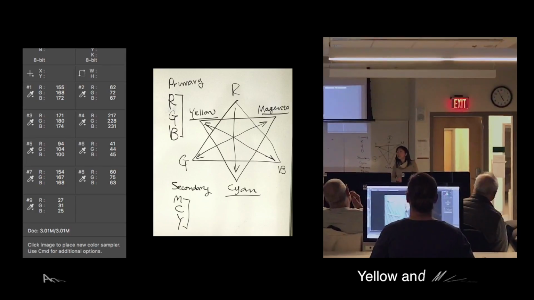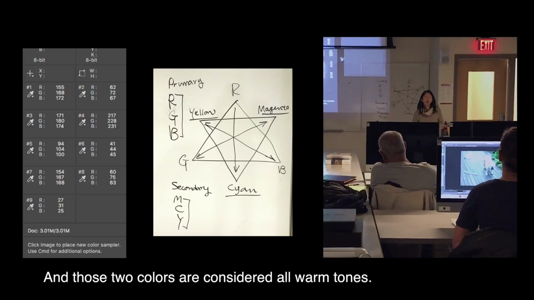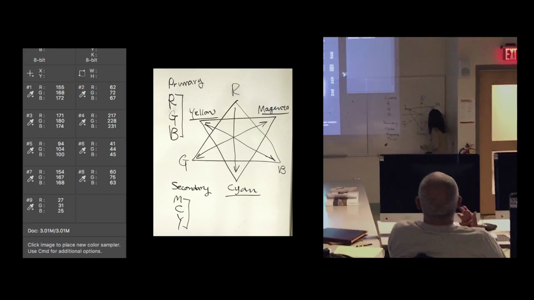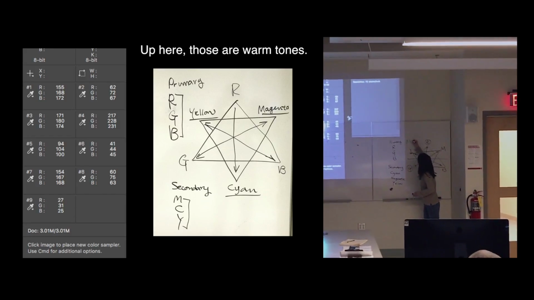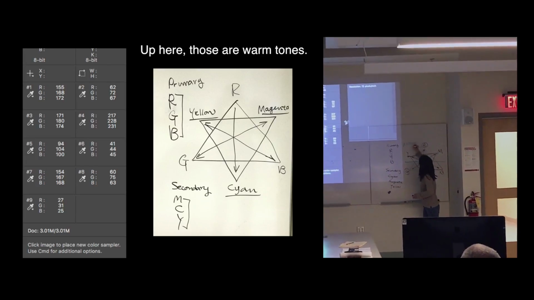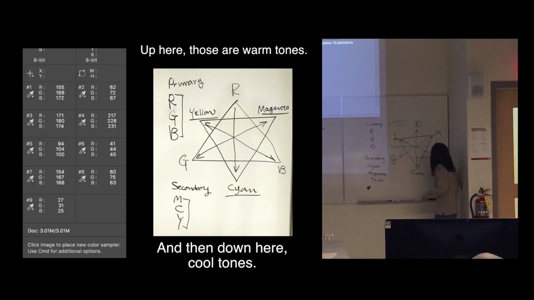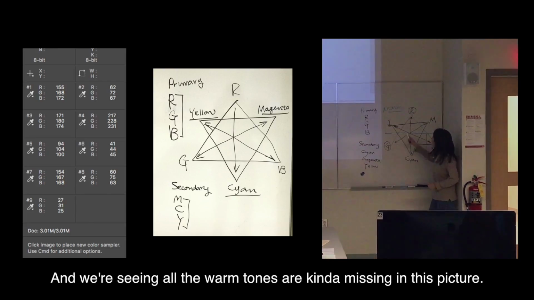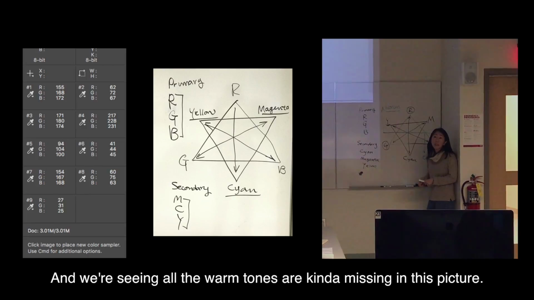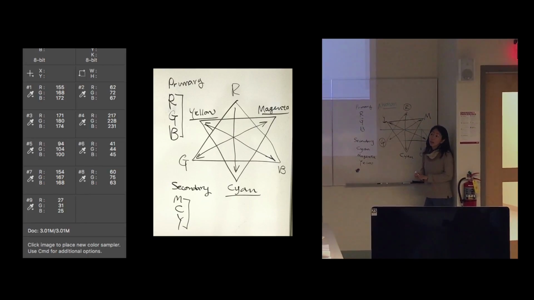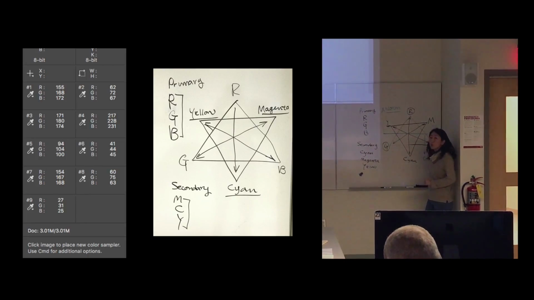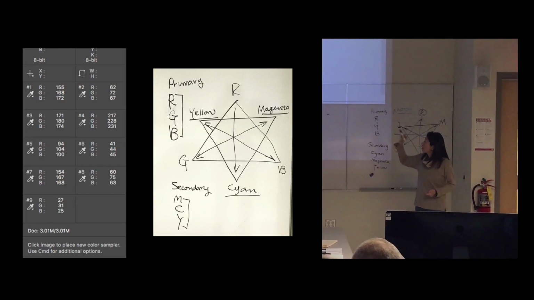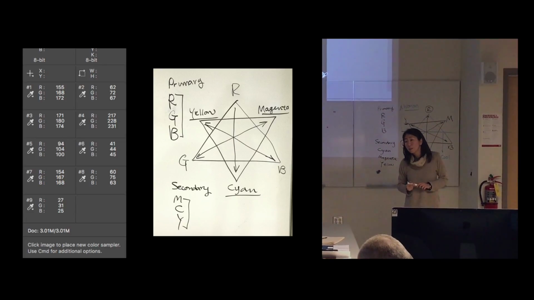Yellow and magenta, and those two colors are considered warm tones. If you look up here, those are warm tones, and down here, cool tones. We're saying all the warm tones are kind of missing in this picture, but there are lots of cool tones. That is what we saw before we looked at the numbers, but the numbers also tell us that.